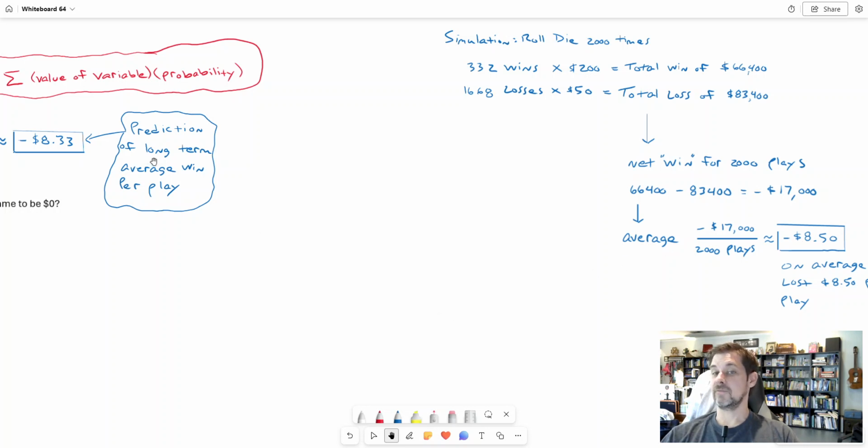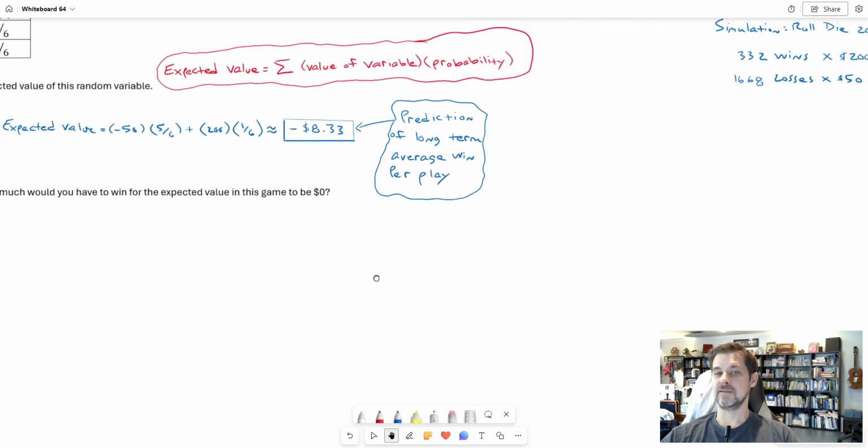Well, it's all for the long term, okay? Lots of things can happen when I roll this die. I could roll a 1 every single time. That's very unlikely. But what happens in probability is that the more times something happens, the more the probabilities work out to be what we conceive them to be.